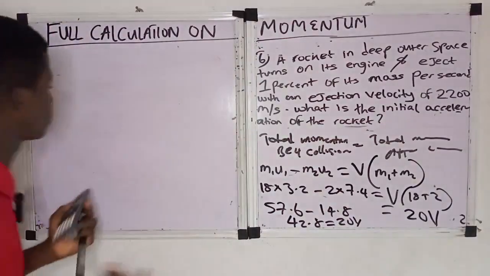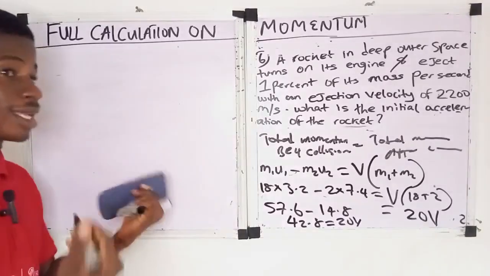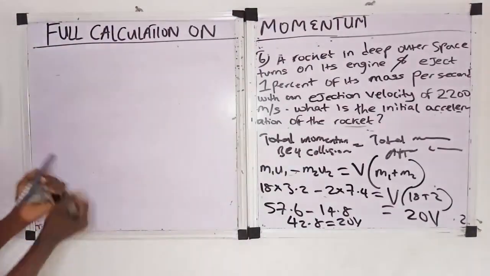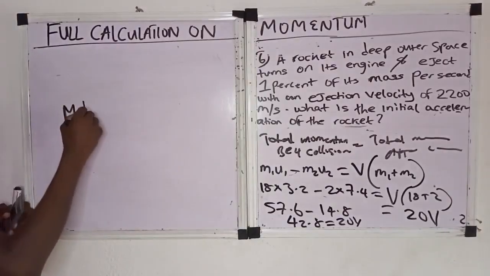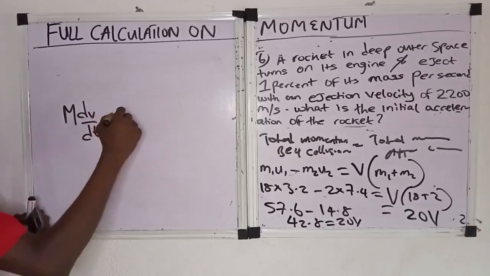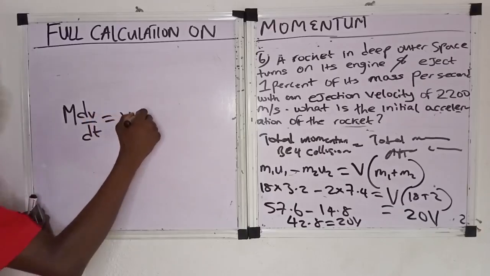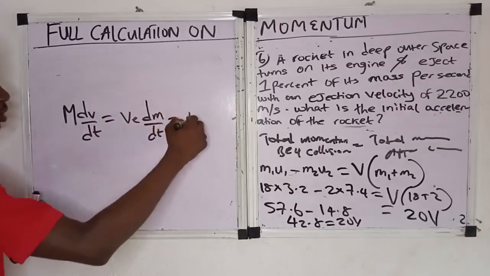In that class, I told you there are about four formulas for rocket propulsion. One of them is m dv over dt equals Ve dm over dt, which equals the thrust.